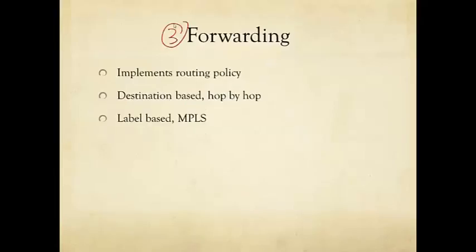So finally, the last step, forwarding. Now that you have a routing decision made, you actually need the physical action of forwarding a packet from one point to another. So think of, again, the mail system. You got an address, you got a route. Usually the routes are predetermined.